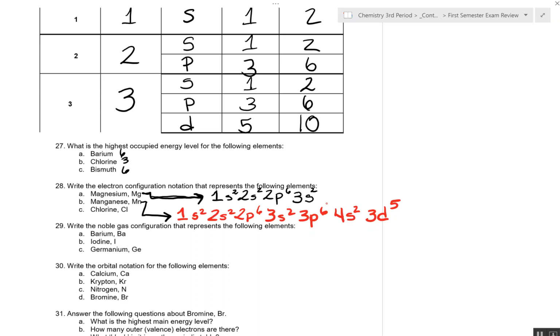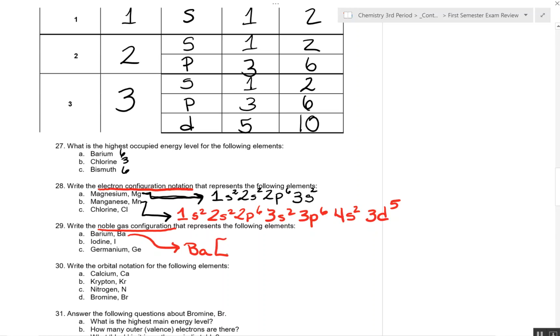Now, key point here, this electron configuration is without the noble gas configuration. Now, noble gas configuration changes things. It shortens things up for you. So we'll do barium here. What is the noble gas before barium on the periodic table?